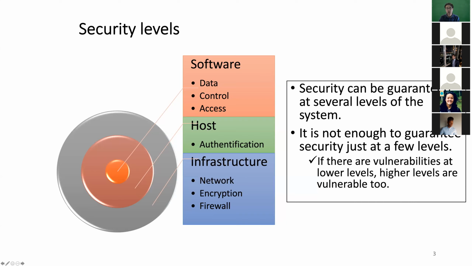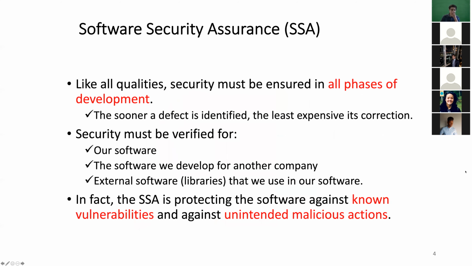So how can we ensure that software security is reliable? What is software security assurance? First, like other quality assurance, security must be ensured in all phases of development.